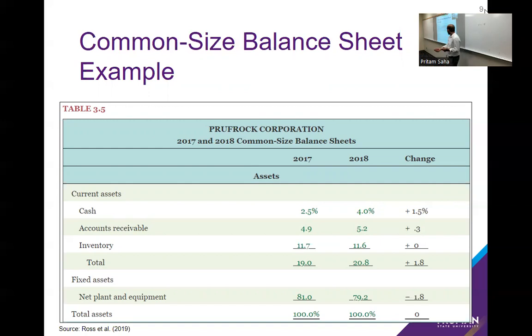Make sense? Now, how can we explain this number and how can we explain the changes? Because it's the same thing converted to relative numbers or percentages in 2018 values. What is the interpretation? If you only look at 2018 numbers, the interpretation is the same. 20.8% of total asset in current assets and 79.2% of total asset in fixed assets, right?